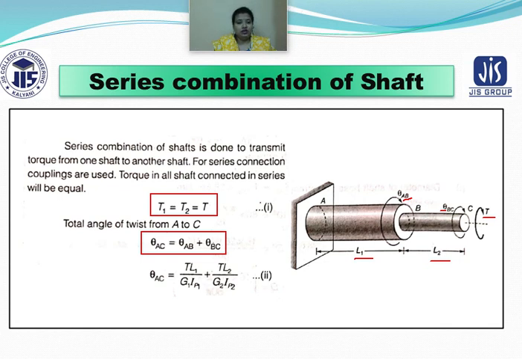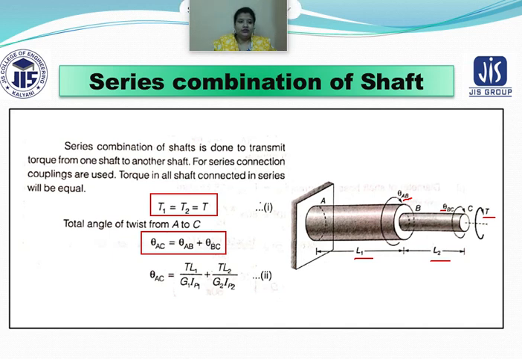So the angle of twist for the entire shaft is equal to the angle of twist occurring in the shaft AB plus the angle of twist occurring in BC.